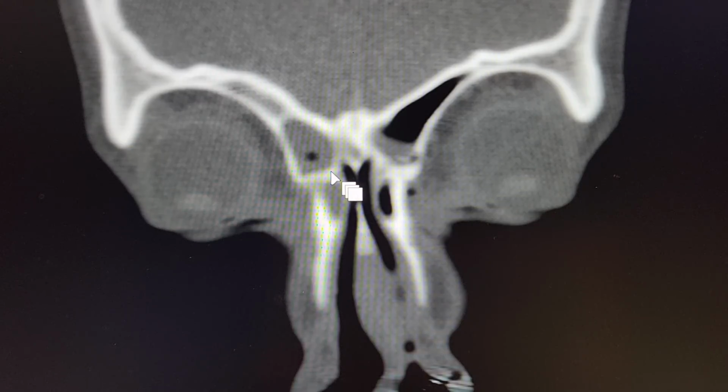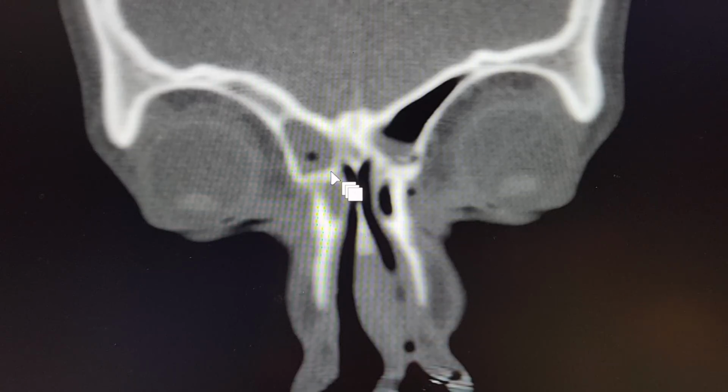Exactly behind that posterior wall will be your first olfactory neuron. That olfactory neuron indicates the presence of the cribriform plate. That will be your anterior margin.